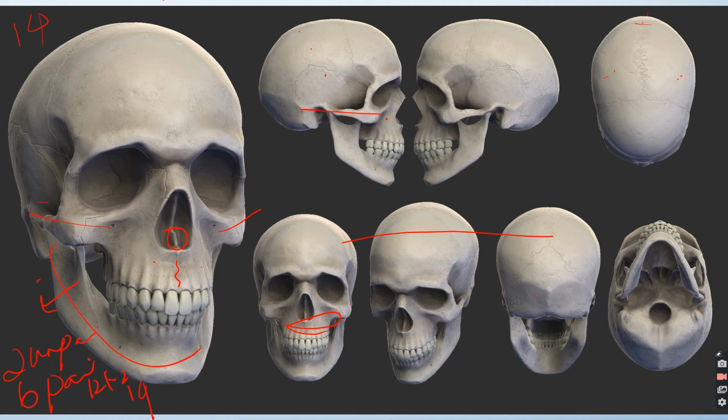Then you have the nasal bone, which is paired. You have the lacrimal bone, two different lacrimal bones. Then the palatine bone, which has a suture in the middle. Then we have the inferior nasal concha.